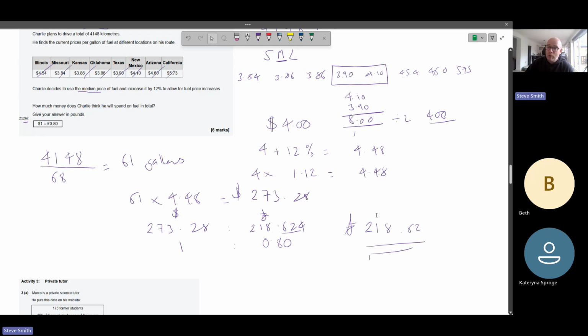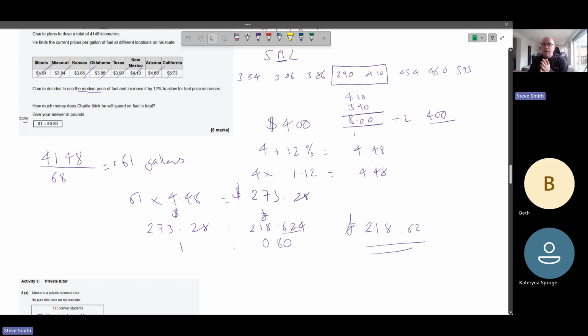I mean, that didn't take us 12 minutes, but we still explained every step of the way. And so it's a case of that 12 minutes is longer than you think. And it is a 6-point question, so there is a lot involved. But once you've got individual bits plucked out, which we did here, the median, then the 12% added on, and then the amount of gallons, it all comes together.